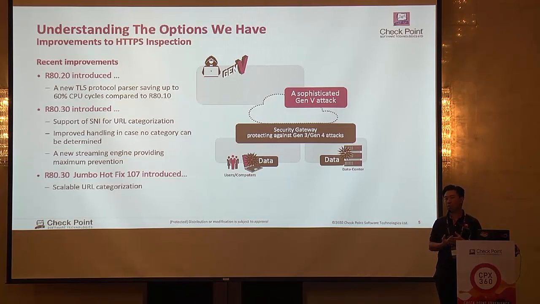In the older version, we only supported a single thread, so each time we could query the threat cloud one time. This created a huge bottleneck in terms of performance. But in R80.40, since Jumbo Take 107, we now support multi-threading, so multiple queries to the threat cloud at the same time. It depends on the number of cores in the appliance, and we can support up to 32 threads at the same time.